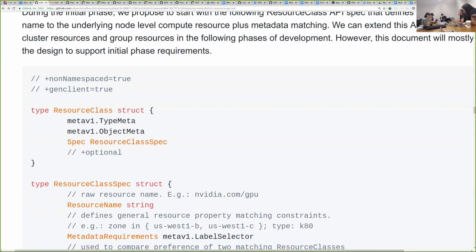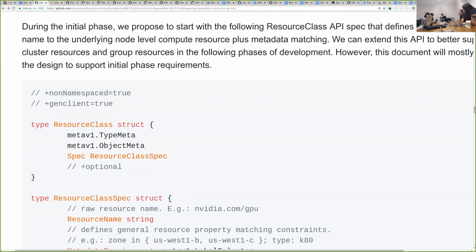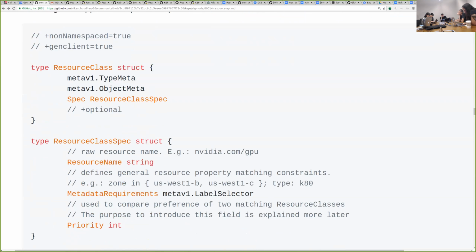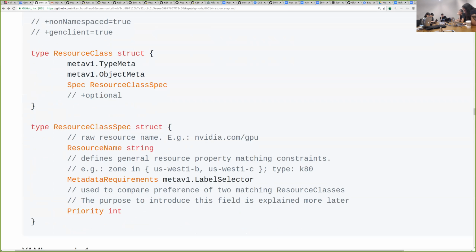Basically, we propose to introduce a resource class as an API object, and we want to start with a very basic spec. It basically just specifies the raw resource name. The example here we use is nvidia.com/GPU. This has been the raw resource name we currently use for GPU.